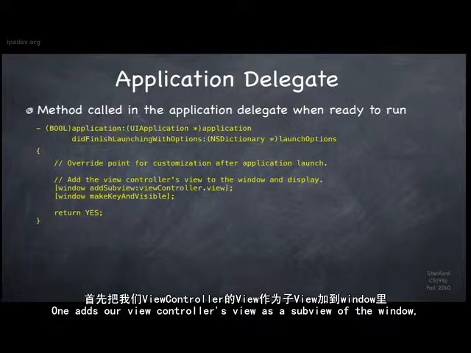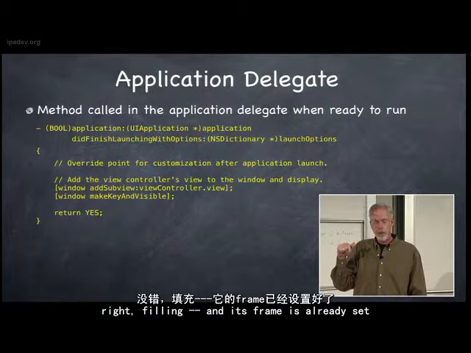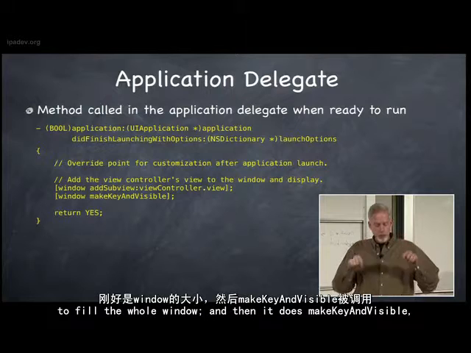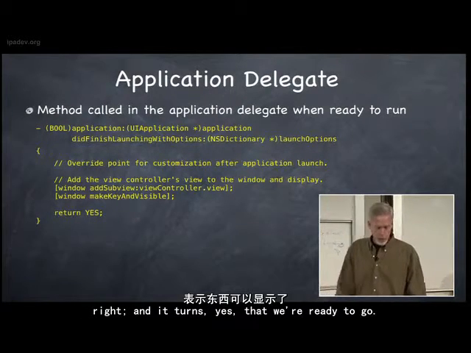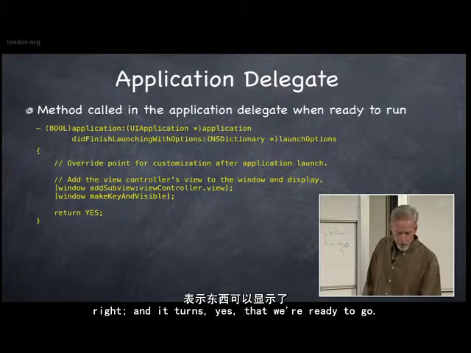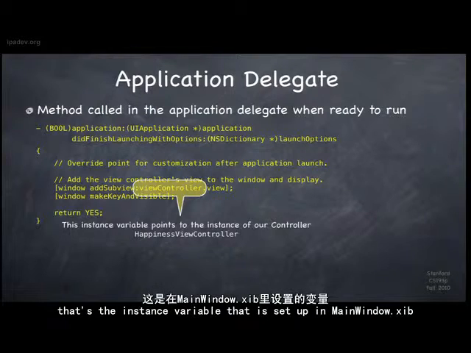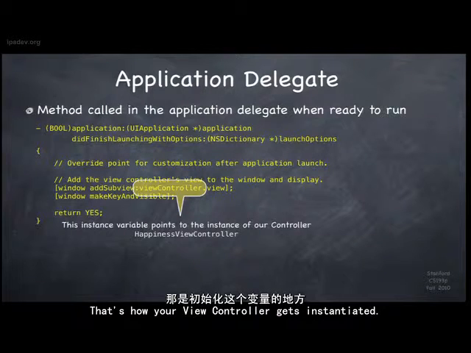One adds our view controller's view as a subview of the window, right, and its frame is already set to fill the whole window. And then it does makeKeyAndVisible, and it returns YES that we're ready to go. Notice that that view controller right there is the instance variable that is set up in mainwindow.xib to point to your view controller. That's how your view controller gets instantiated.